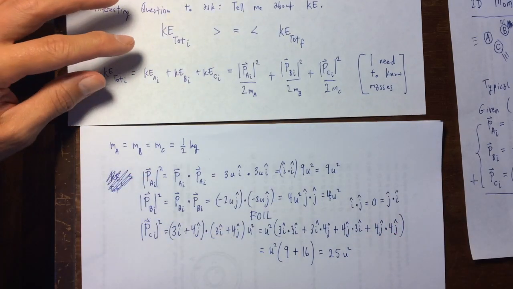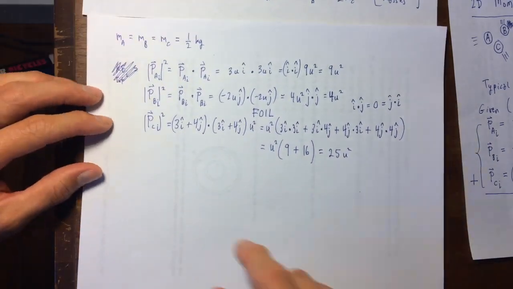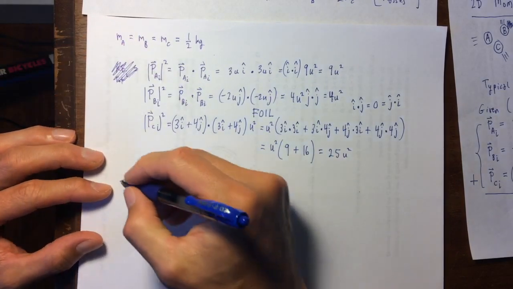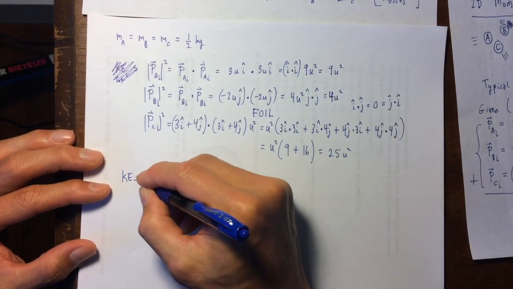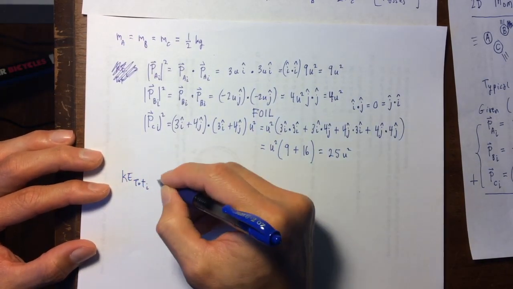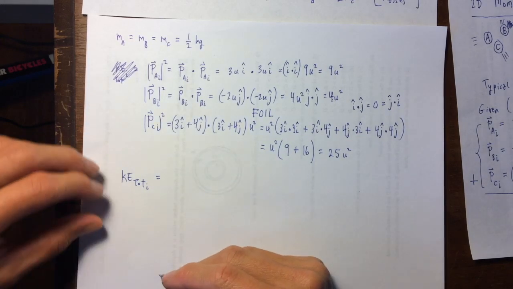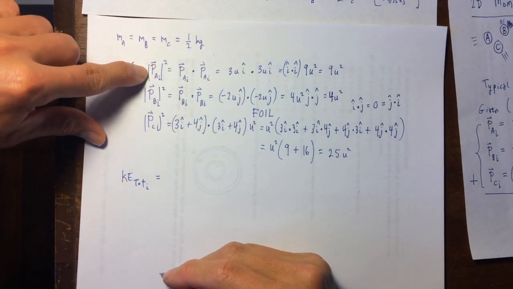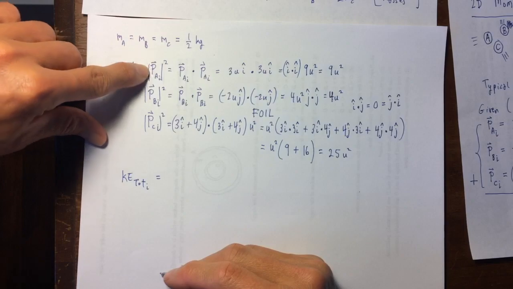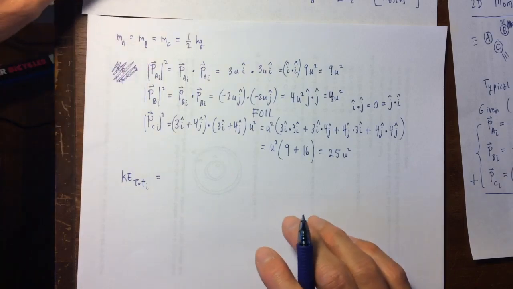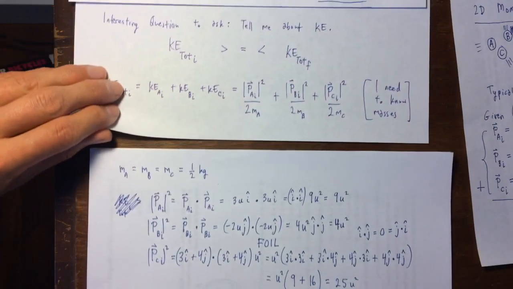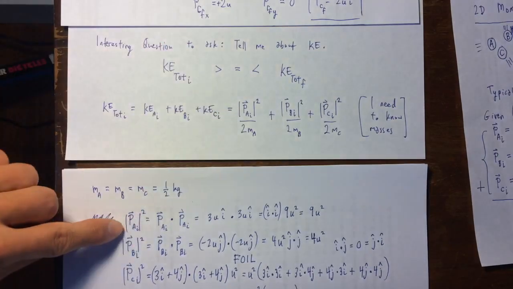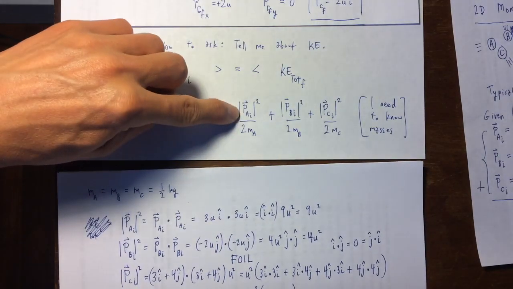So what this leaves over for us is, remember, we're calculating kinetic energy total. So the kinetic energy total initial equals, so it's this squared over 2m, but 2m is 1. Remember, so here is p sub A initial squared.